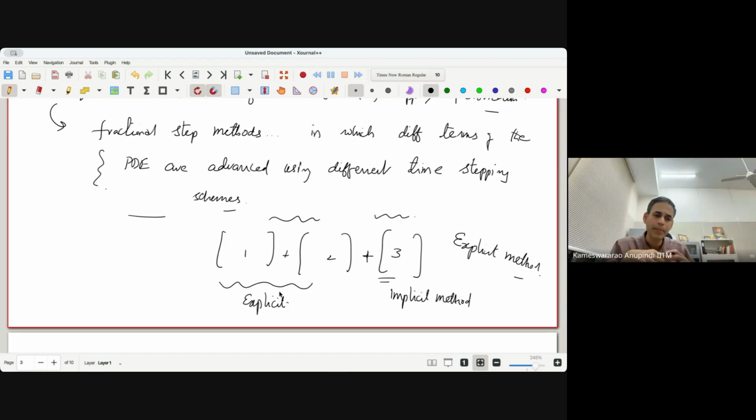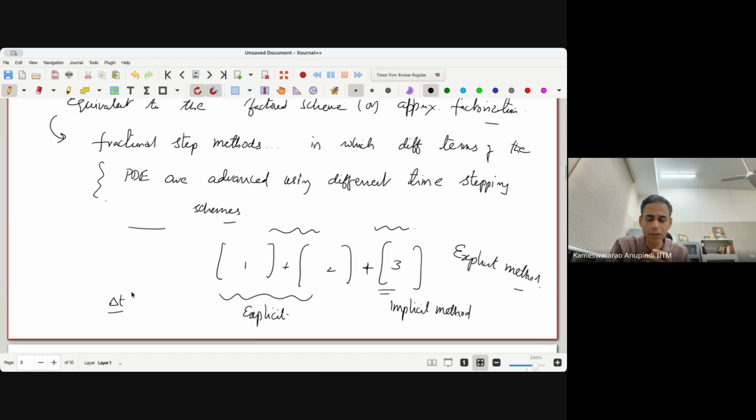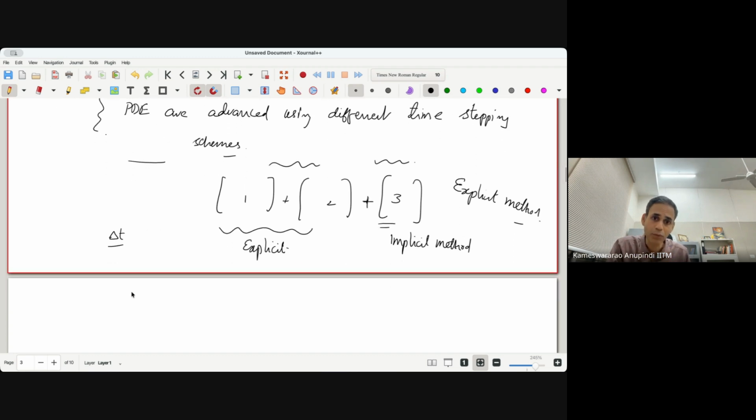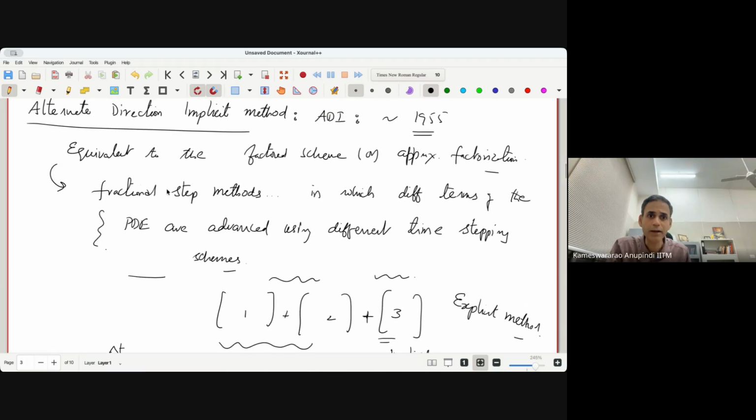But you are advancing with the same delta t. You say, these terms 1 and 2, I would like to discretize using explicit Euler, whereas this term I want to discretize using implicit Euler. That is how you can do it, and this is very much used in all software in terms of what you want to pick as implicit and what you want to pick as explicit. Now that is exactly the motivation for the alternate direction implicit method.